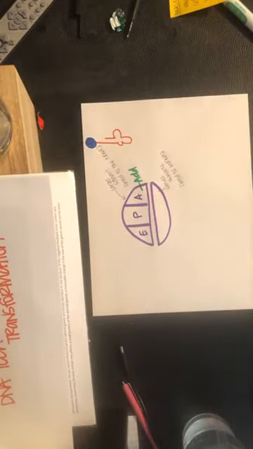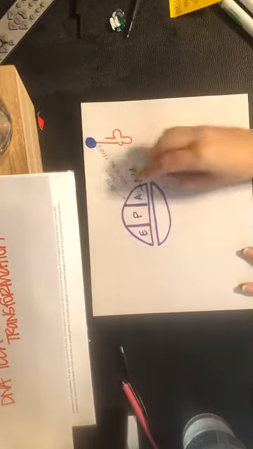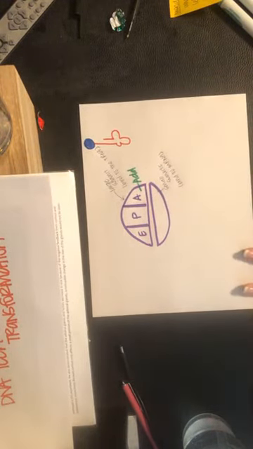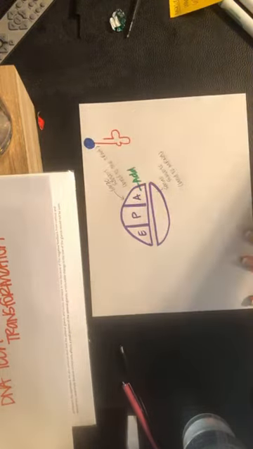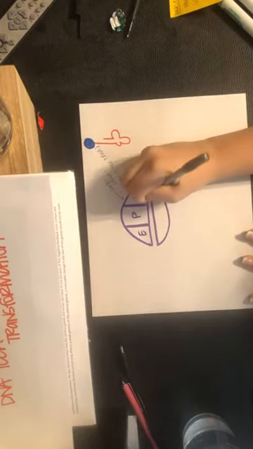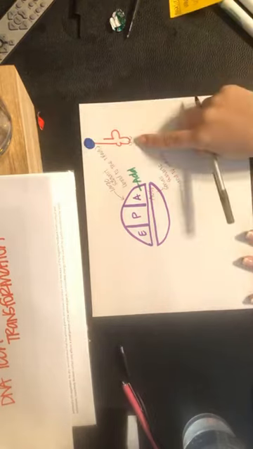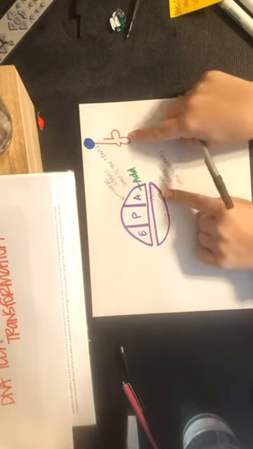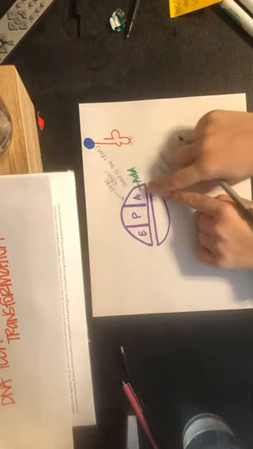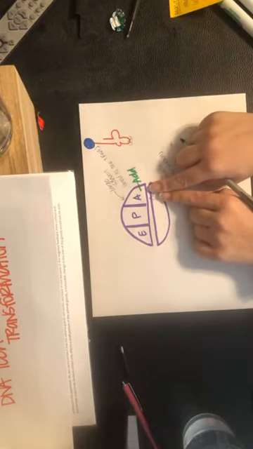The tRNA is going to move into the A site and base pair up with the codon. So if I have AUG here, then we're going to have UAC here, because these are going to base pair, which will cause this tRNA to bind to the A site, okay?